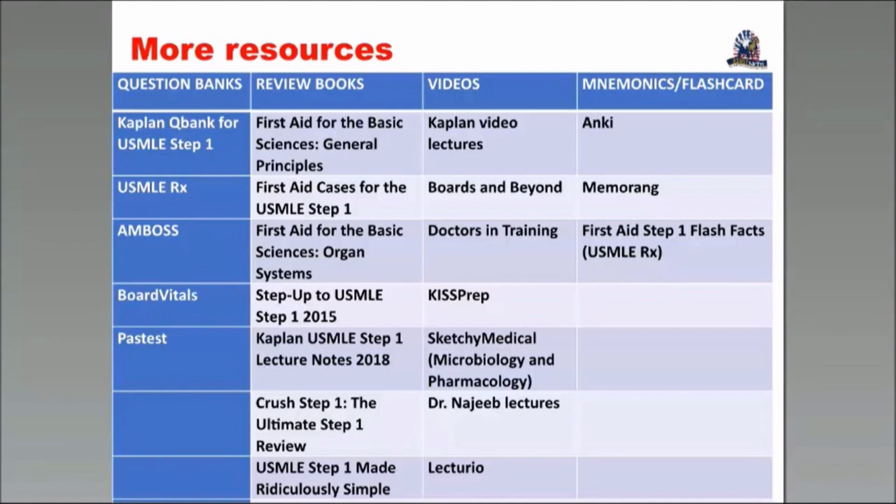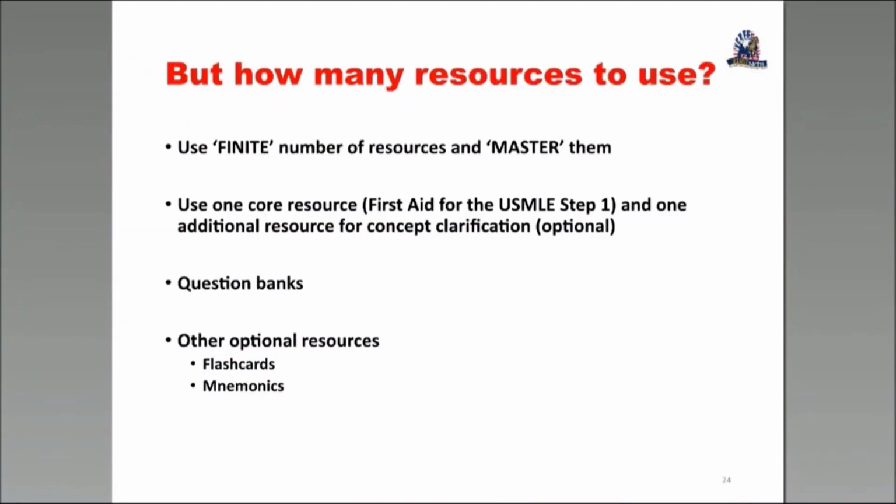Look through this list and then we can talk about which one can fit your learning style and also depending on the time you have. Now I'm sure you're thinking, how many of these resources should I be using? How can I possibly use every resource? There's a time crunch, and obviously these are not all needed.